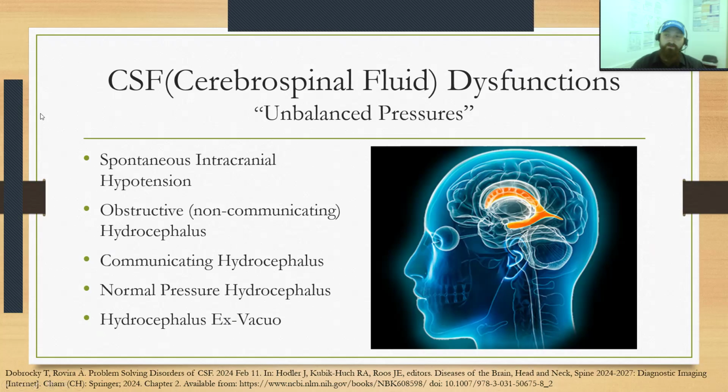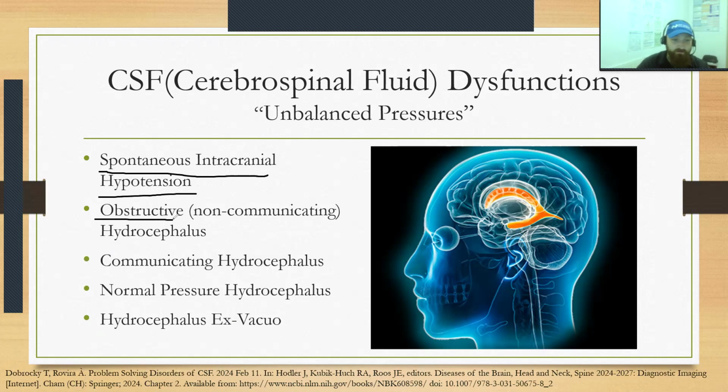What are some of the dysfunctions that we might see from unbalanced pressures of cerebrospinal fluid, or CSF? We might see what's called spontaneous intracranial hypotension. So if there's not enough cerebrospinal fluid, there will be a loss of pressure in the skull.